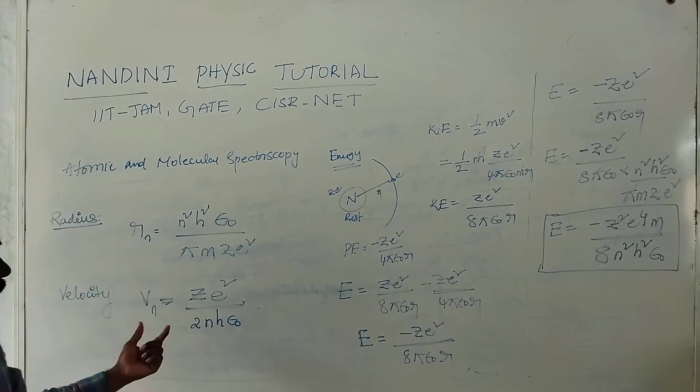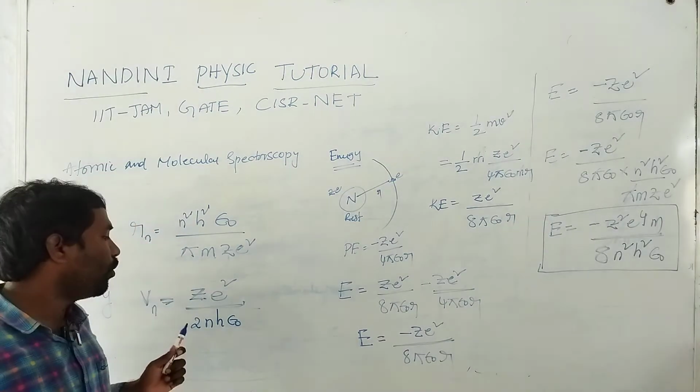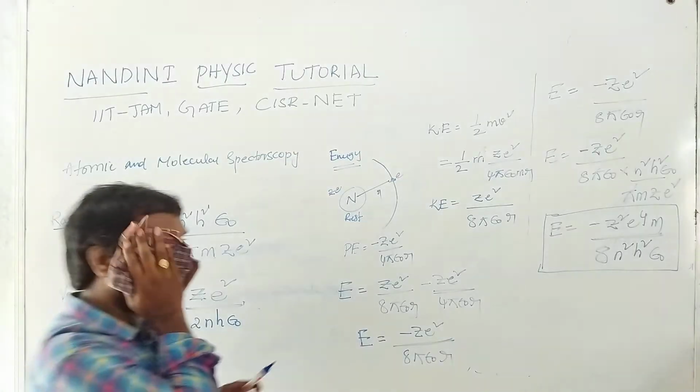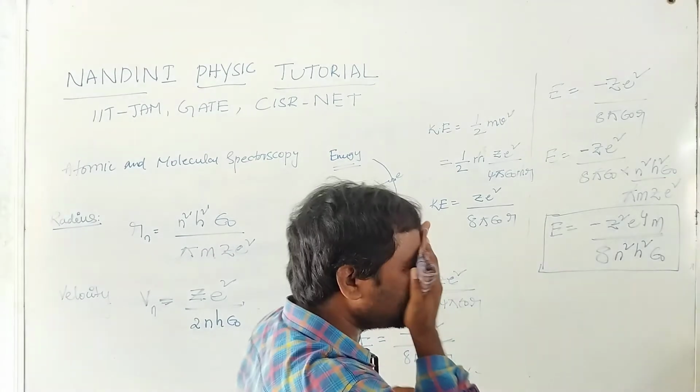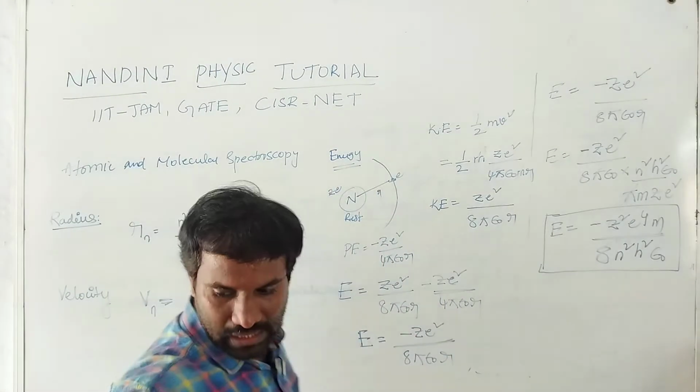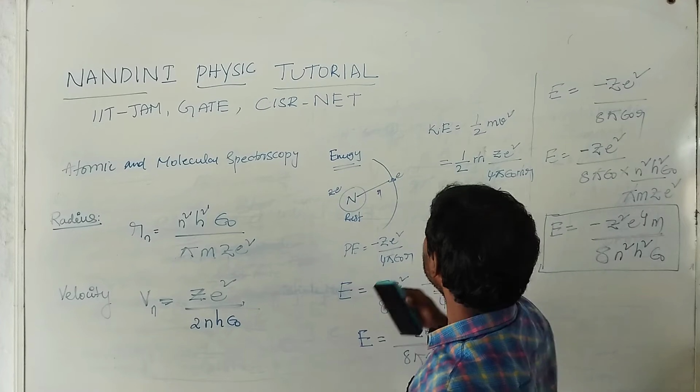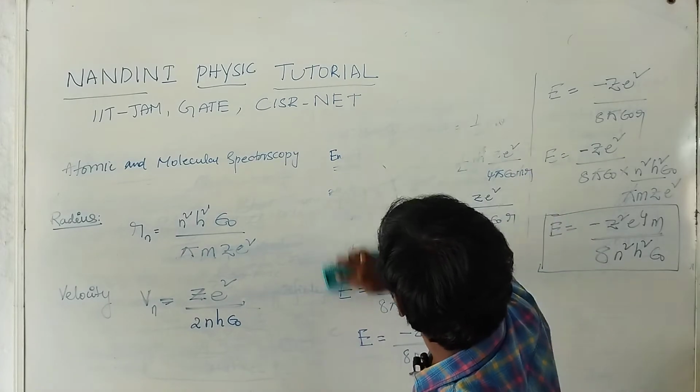Okay, so this is the velocity equation. After that we derive what is the energy equation. So the third equation is the energy equation.